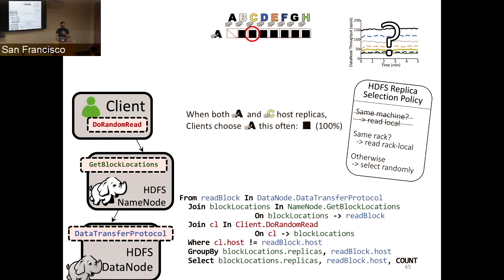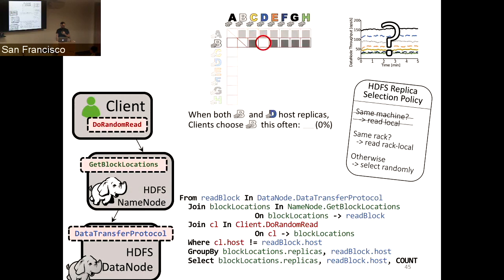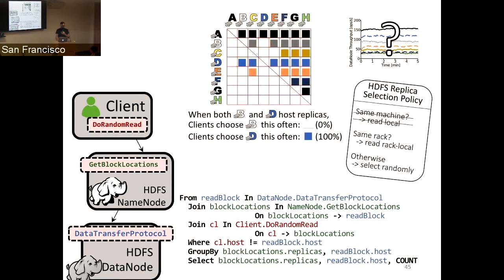So he built this matrix using this group by query that he's written down here. And when both A and C host replicas, clients try and choose A 100% of the time and C 0% of the time. And when B and D both host a replica, the clients choose B 0% and D 100% of the time. And he goes through and builds out this thing.